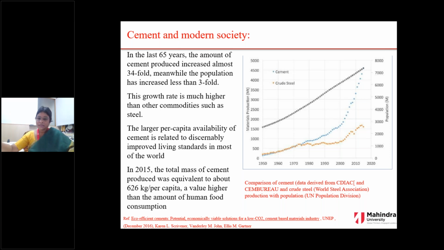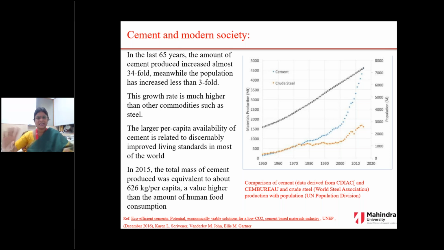That's the reason there is a large per capita availability of cement, which has improved our living standards in most of the world. If you compare some statistics, in 2015, the total mass of cement available per capita is 626, which is higher than the amount of human food consumption.